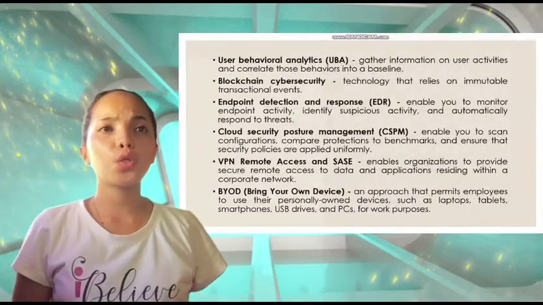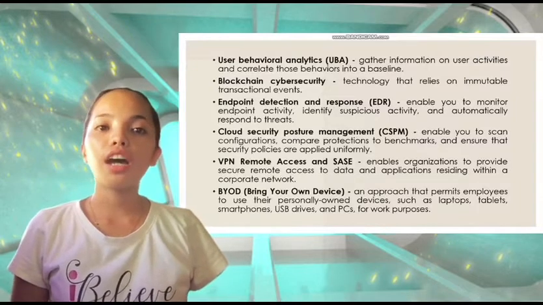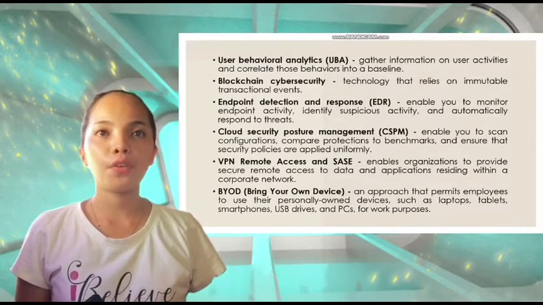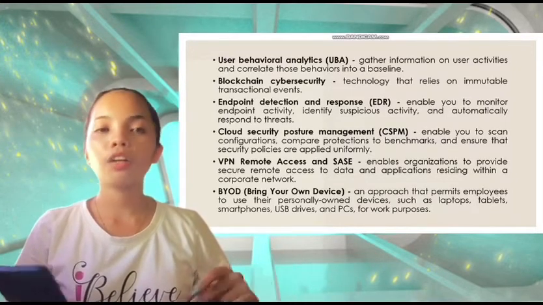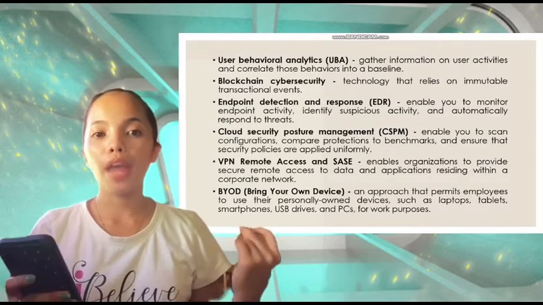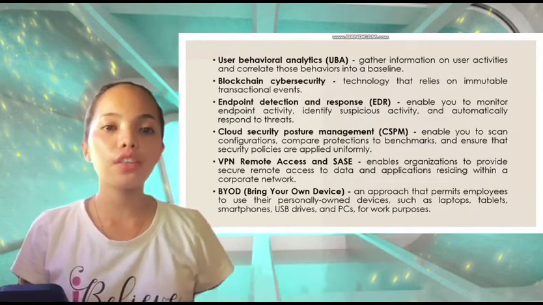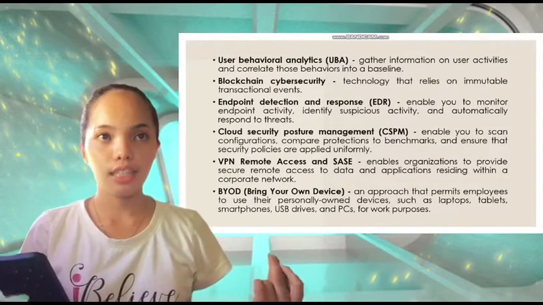Then we have User Behavioral Analytics or UBA. It gathers information on user activities and correlates those behaviors into a baseline. Solutions then use this baseline as a comparison against new behaviors to identify inconsistencies. The solution then flags these inconsistencies as potential threats.